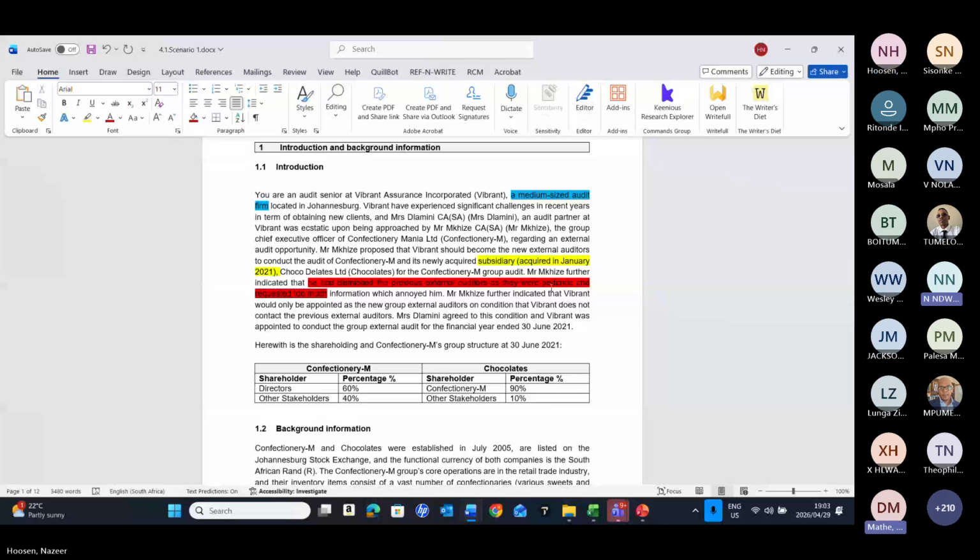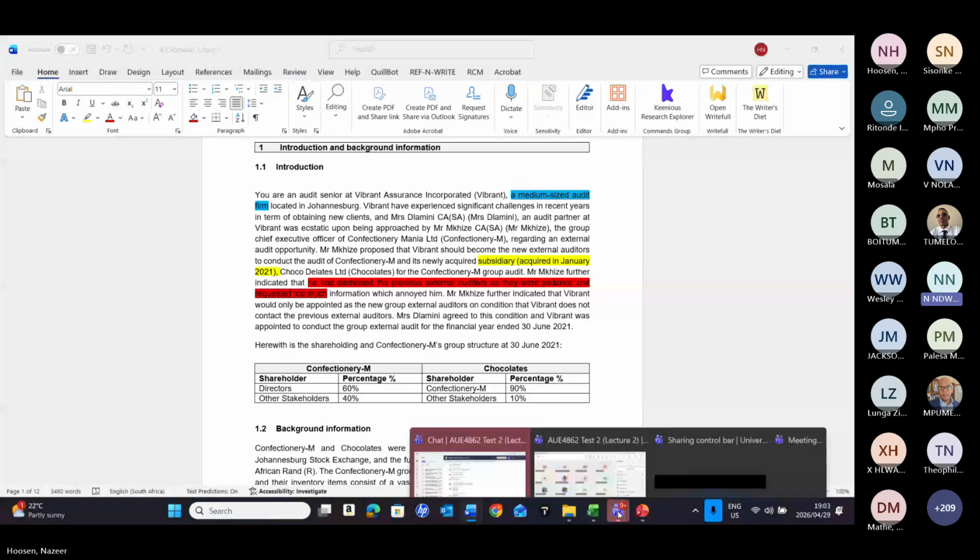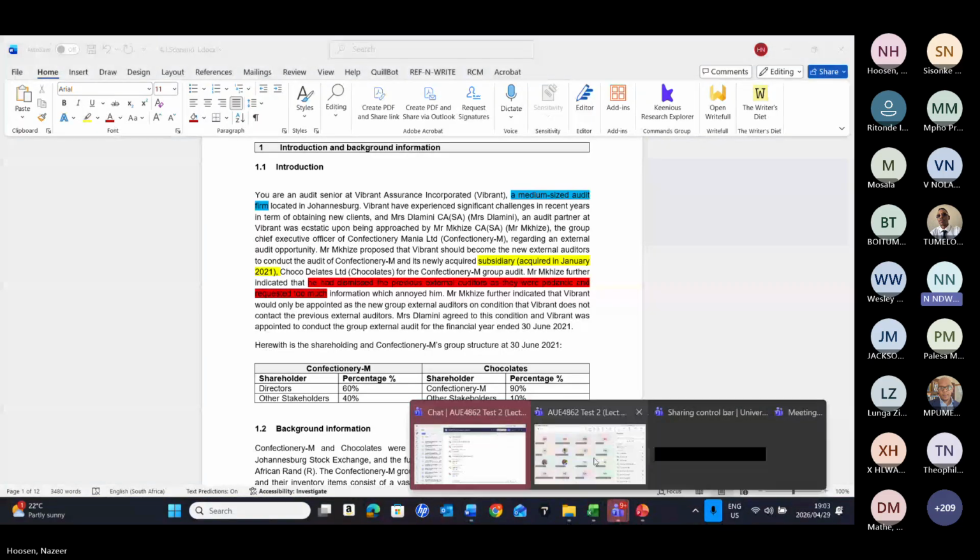Basically, possibly management's philosophy creates fraud, in that they're not wanting to actually adhere to the scope of the audit.